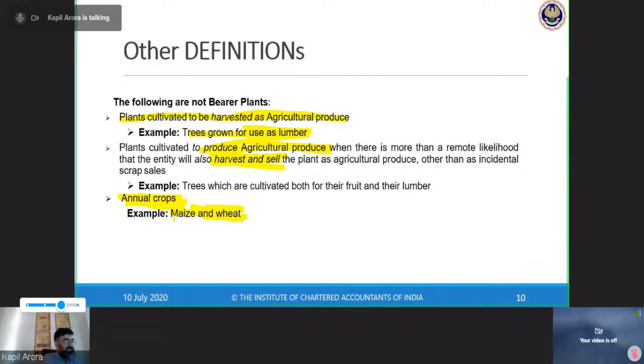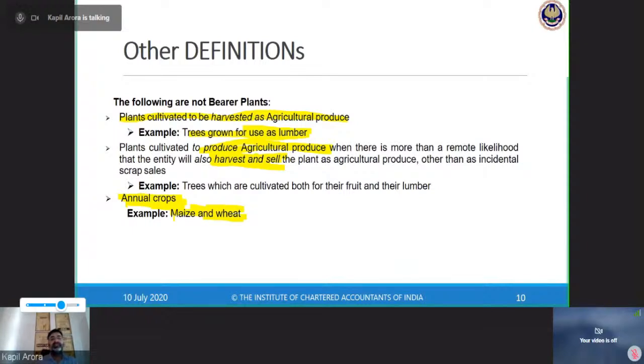So I am just looking at some queries here. If livestock and other plant don't fulfill the condition, how and where will they be treated? As we know, right now they are going to be treated as either inventory or assets here.